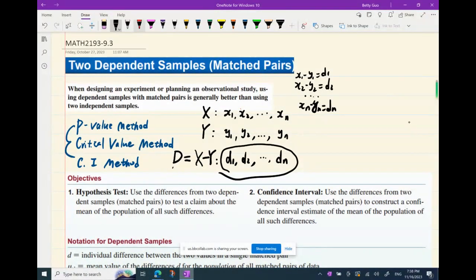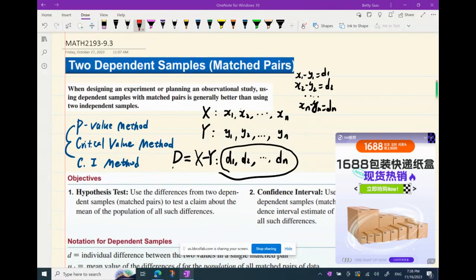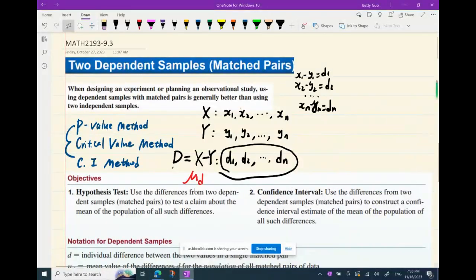So if we let mu sub d, again, we want to see D as a population. It maybe doesn't sound like a population compared with X and Y, but it is a population.